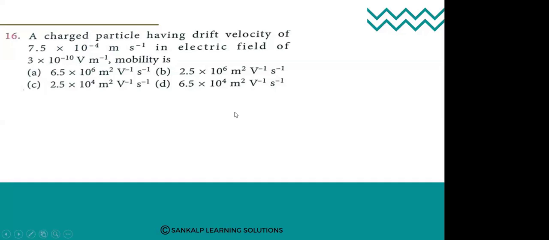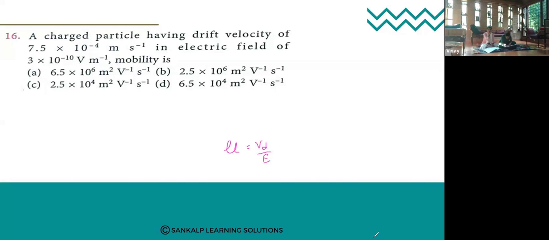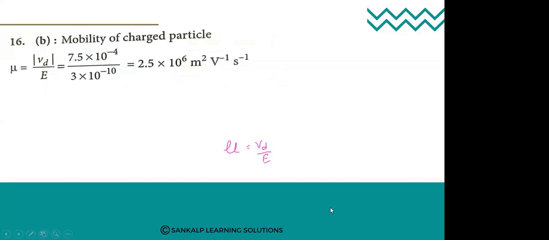Mobility is equal to drift velocity per unit electric field. Very simple, direct formula substitution. Option B is right. So drift velocity by electric field, 7.5 upon 3, it will be 2.5 into 10 to the power of +6. Next question.